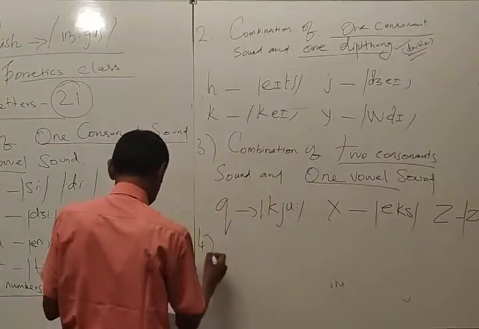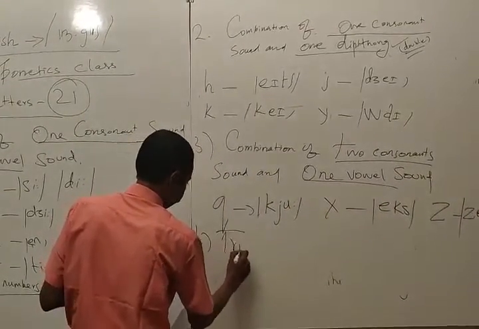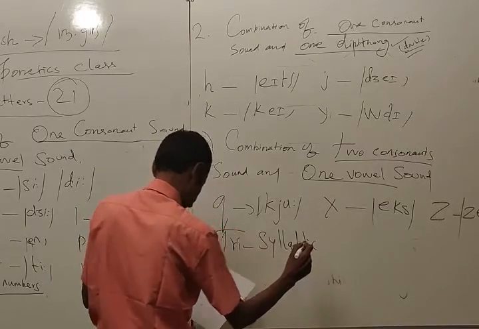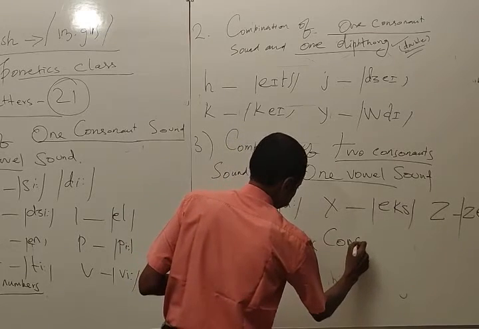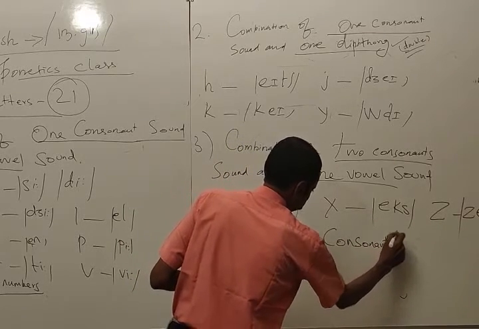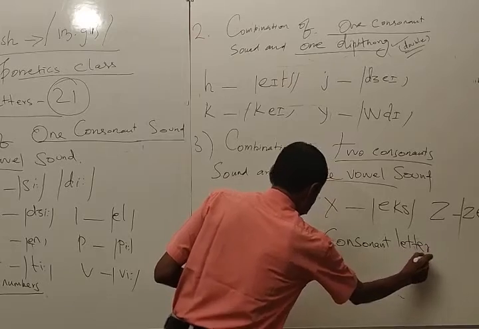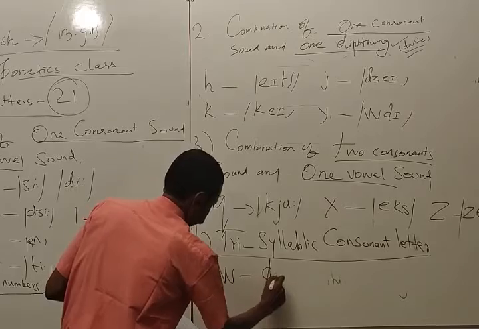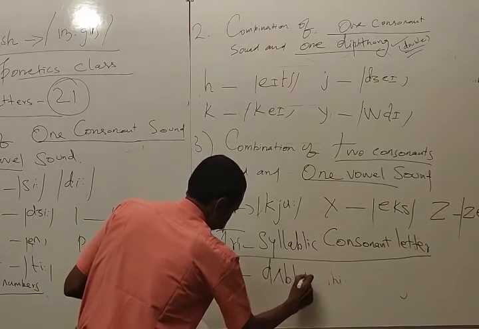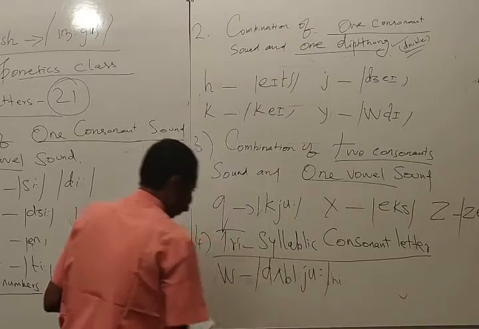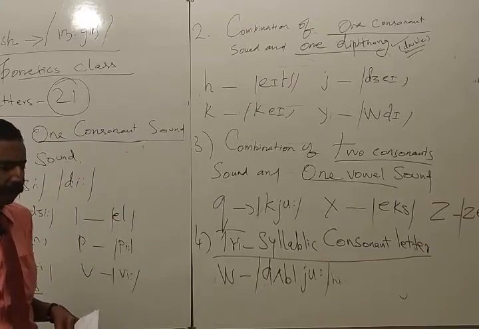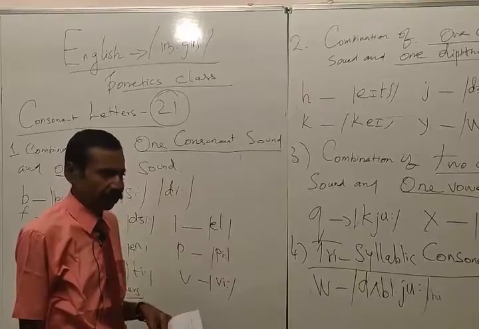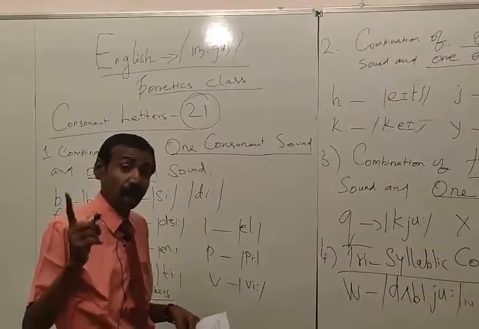The fourth division is trisyllabic. Only one word in English, the phonetic form, is a trisyllabic consonant letter.